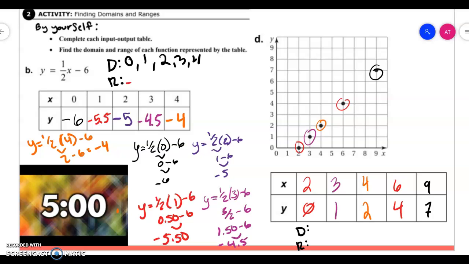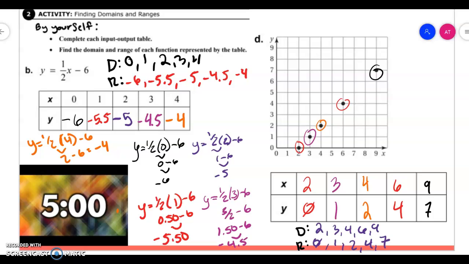And my range would be -6, -5.5, -5, -4.5, and a -4. The next one is going to be all the domains for the graph are 2, 3, 4, 6, and 9. All of the ranges are going to be 0, 1, 2, 4, and 7.